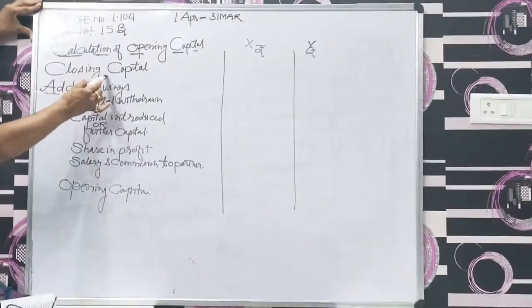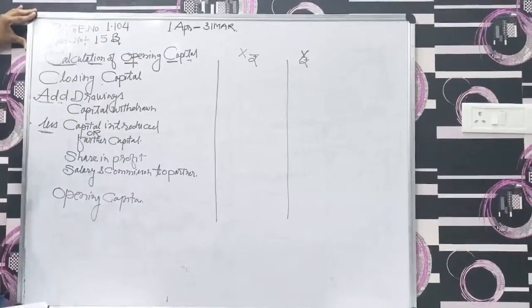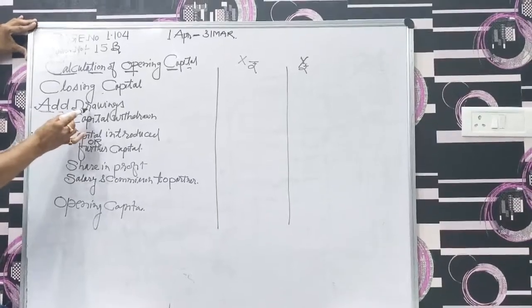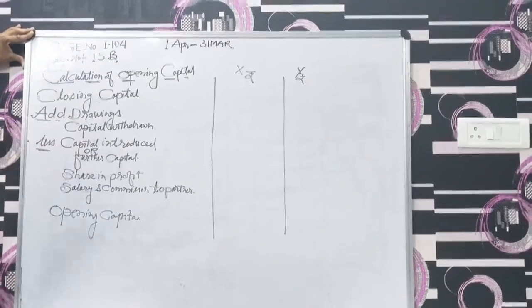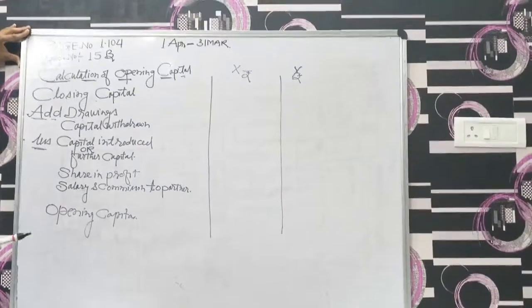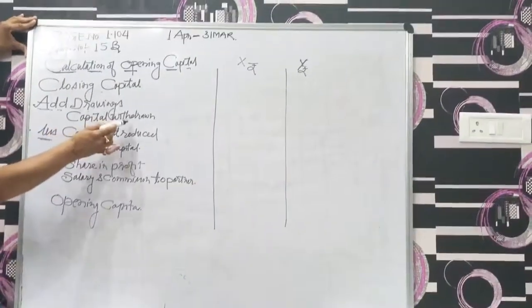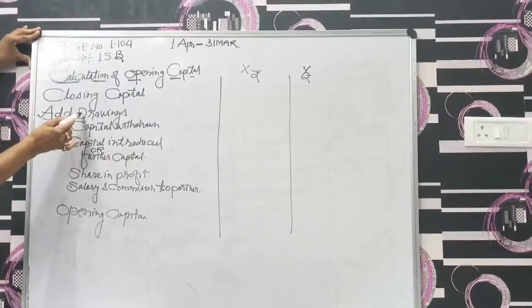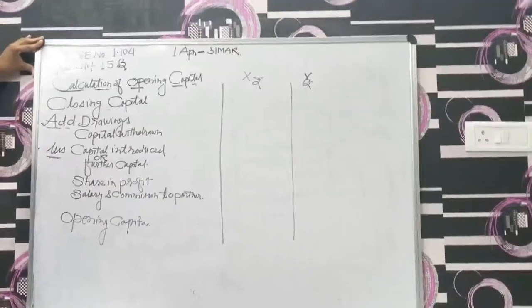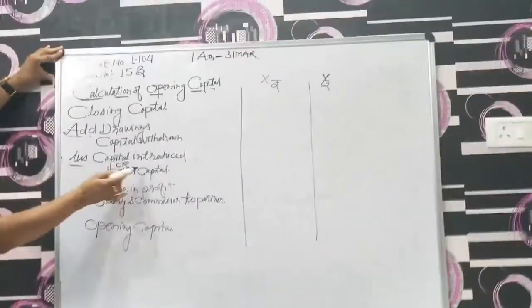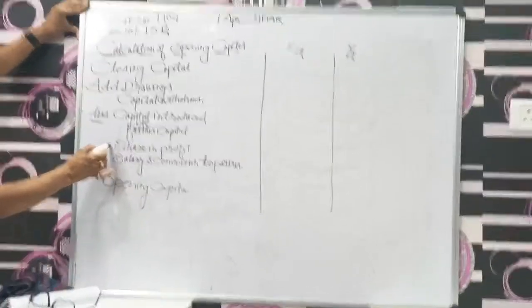To the closing capital of the partner, we have to add the drawings, whether in cash or in kind. If any partner withdrew capital, the capital withdrawn, these two items we have to add. We have to deduct less capital introduced or further capital, and share in profit.